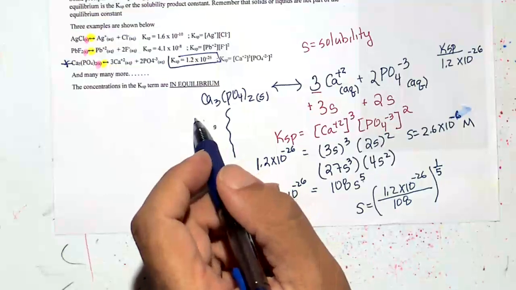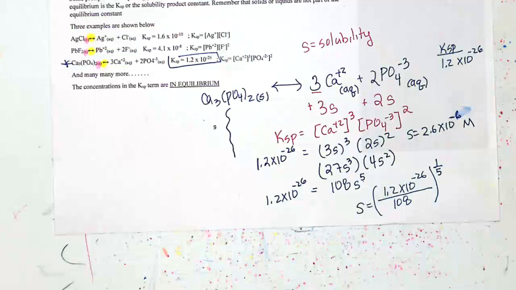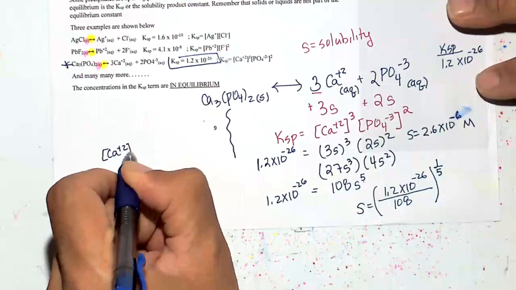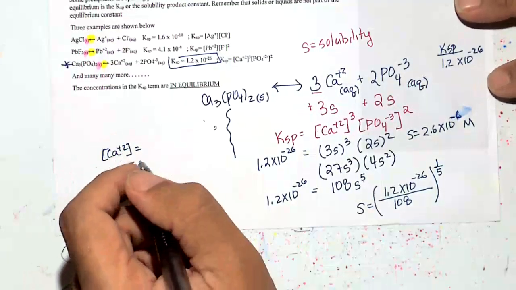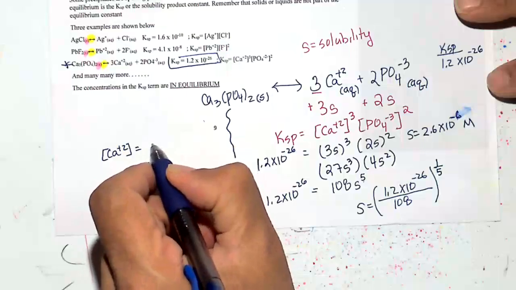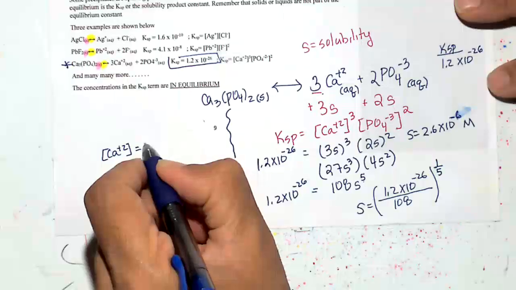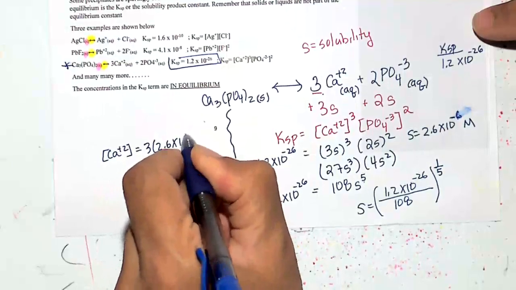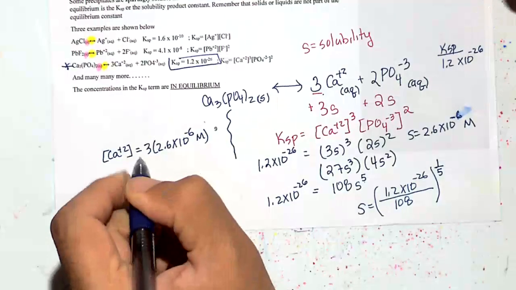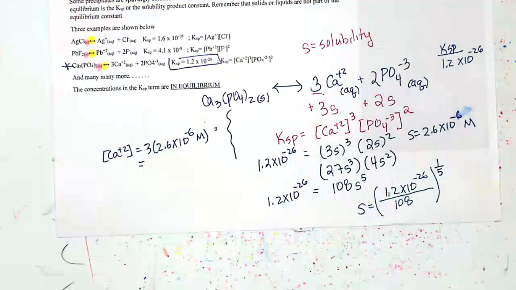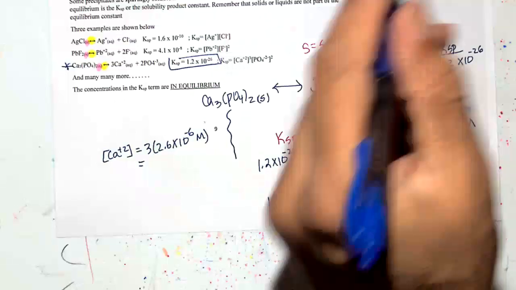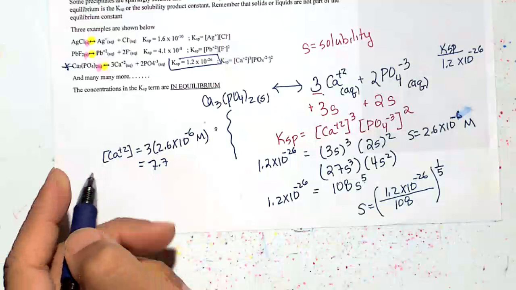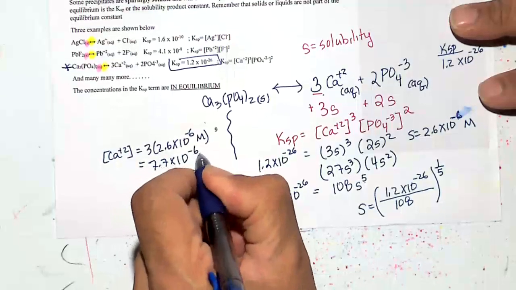So let's say you have calcium phosphate, and some of it will go back dissolved in water. If you have 1 liter, the calcium from calcium phosphate that goes back dissolved in water as calcium ion will be 3 times this S, which is about 7.7 times 10 to the minus 6 molar.